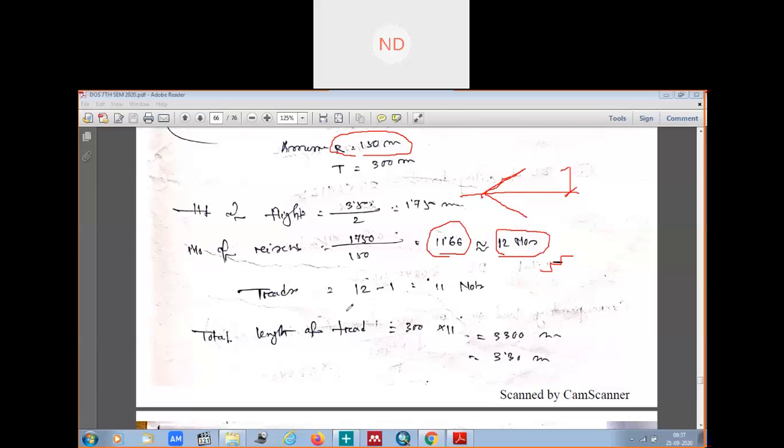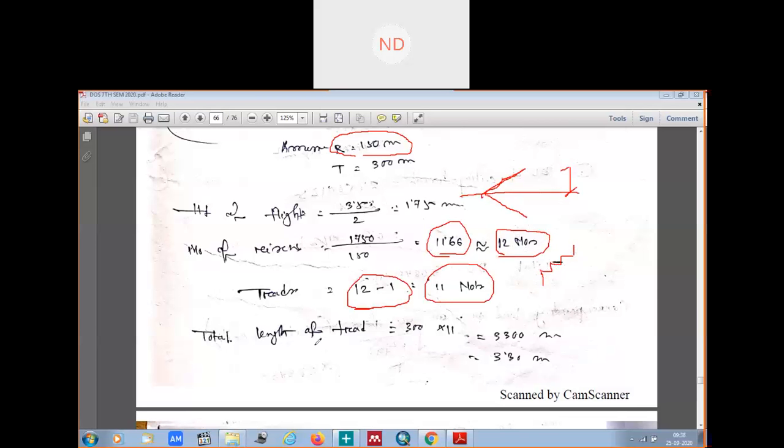And then tread is how much? Tread is always one less than the riser. If your riser is 1, 2, 3, 4, your tread is 1, 2, 3. That means your tread is always one less than your riser. So 12 risers means 11 treads.